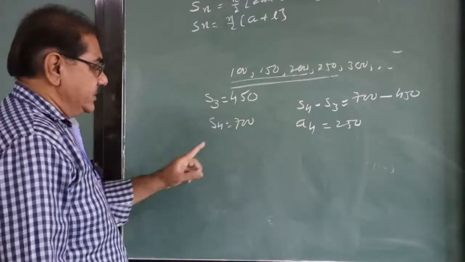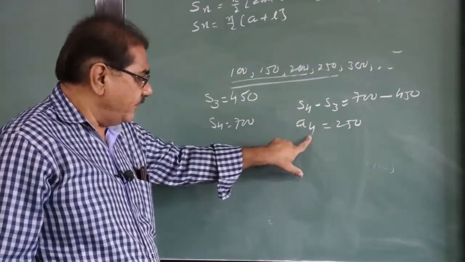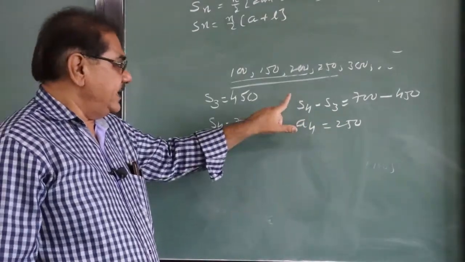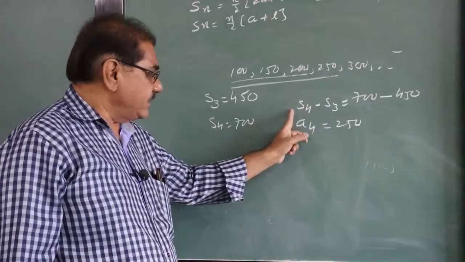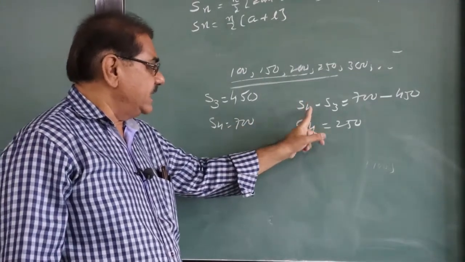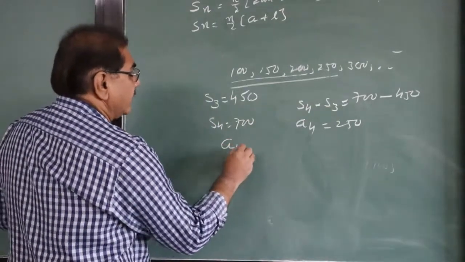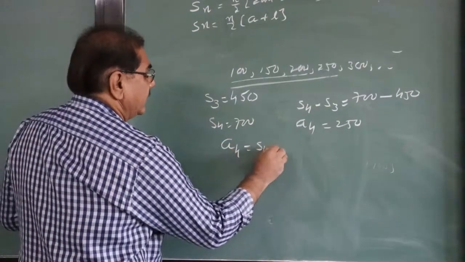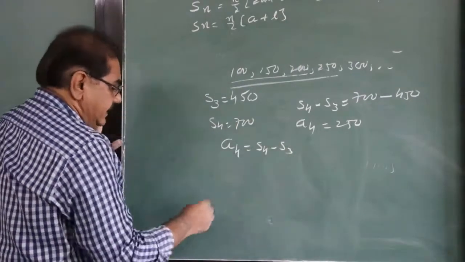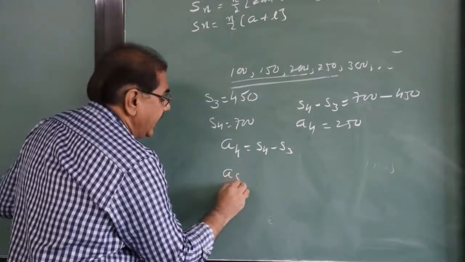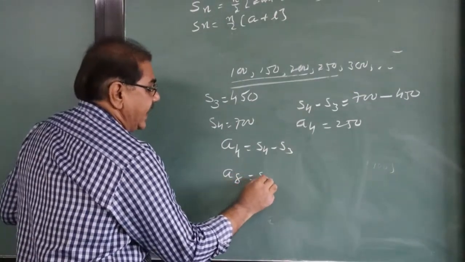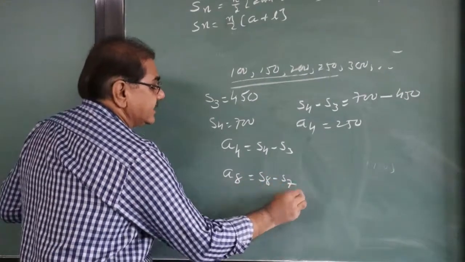As I want to find out the fourth term of the AP, I take the difference of the sum of the first four terms minus the sum of the first three terms. So I get A4 is equal to S4 minus S3. Similarly, if I want to find out A8, then it will be S8 minus S7.